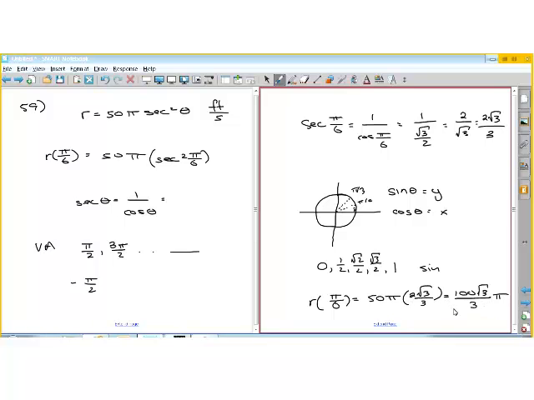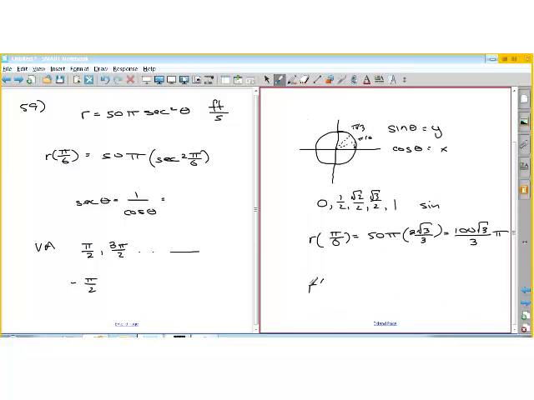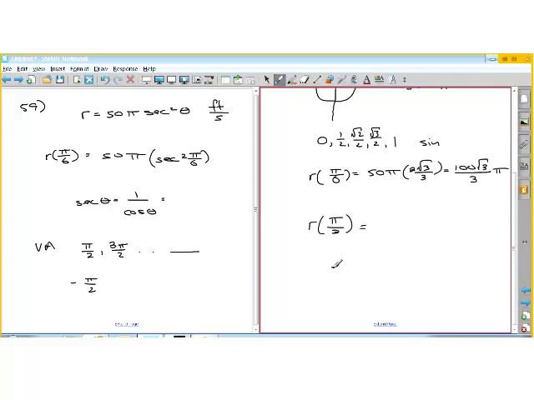Okay. So that would be R of pi over 6, and you can do the same thing at R of pi over 3. So then you'd say, okay, you need to know what the secant of pi over 3 is. That's the same as 1 over the cosine of pi over 3.